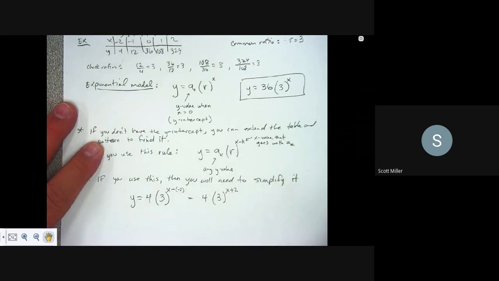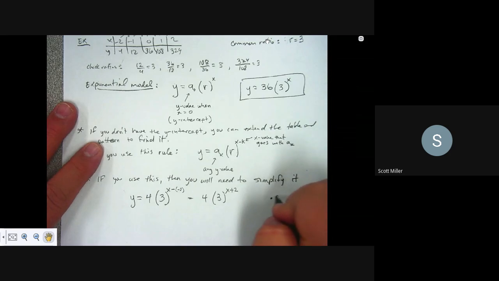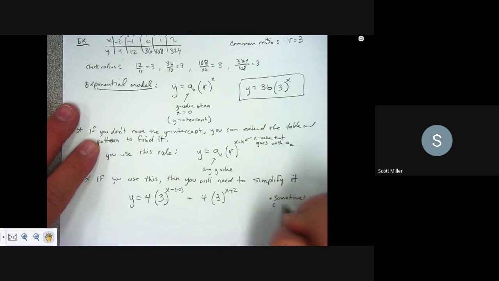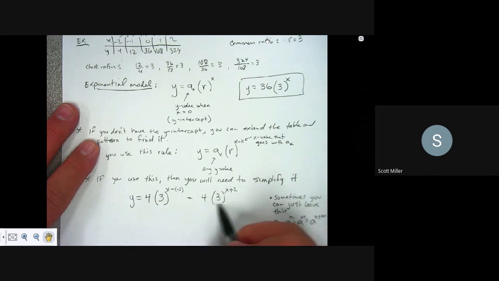Okay, so some things to remember is sometimes you can just leave this. And sometimes you can use this rule because I have that right here. So I can pull off and split it back apart.